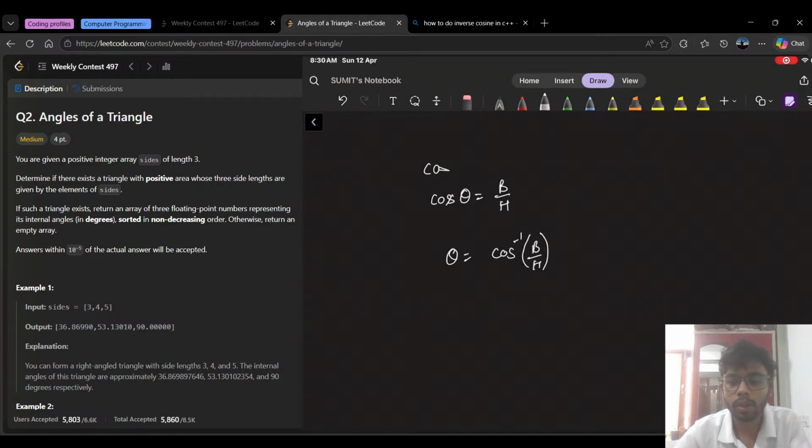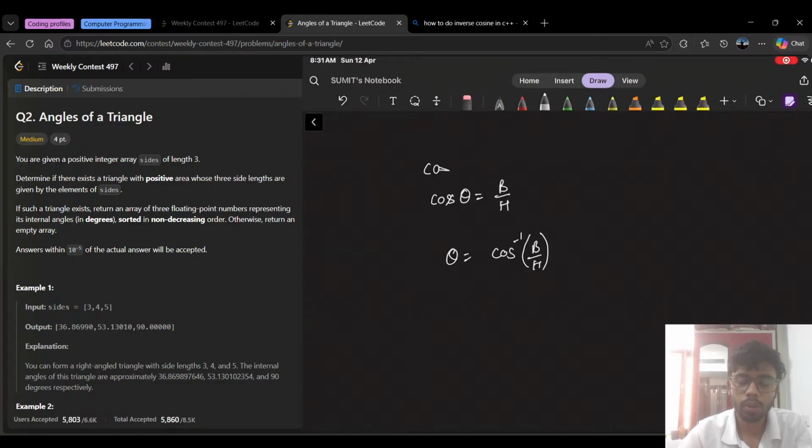BC, B is there, so it will be a squared plus c squared minus b squared upon 2ac. And the next: b squared plus a squared minus c squared upon 2ab. And the result must be in radians.